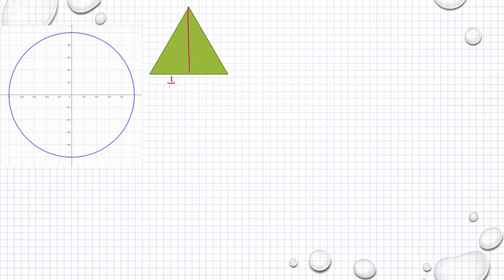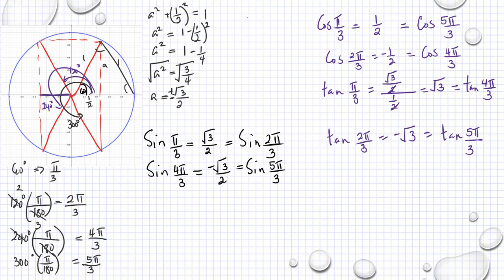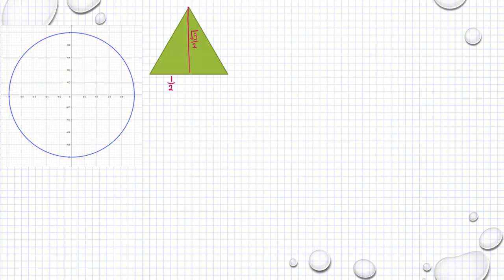This is 1/2 as we did previously, and this is square root of 3 divided by 2. I'm going to check if that is right, yes. And we have this 1. Okay, but now this is 30 degrees.